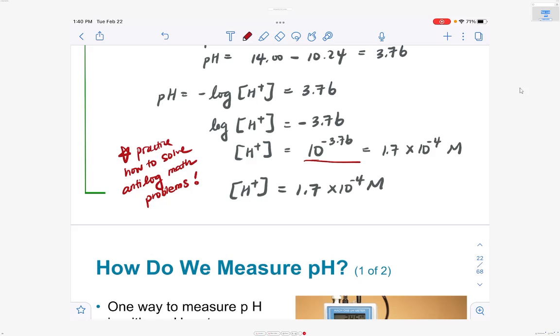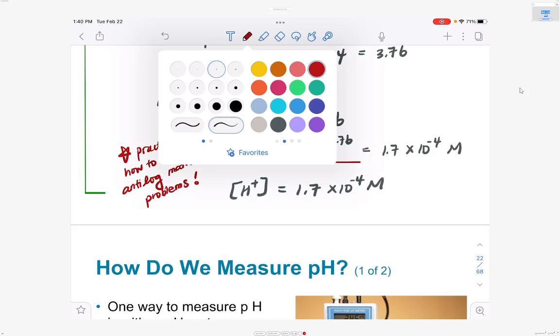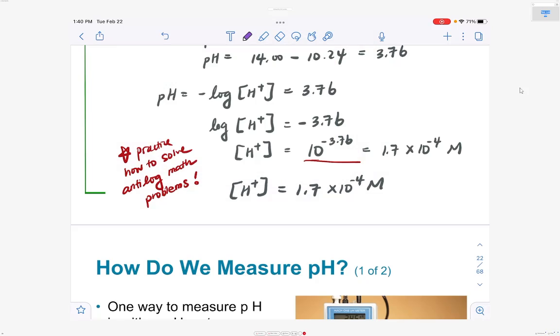It's the same thing. This is anti-log negative 3.76.